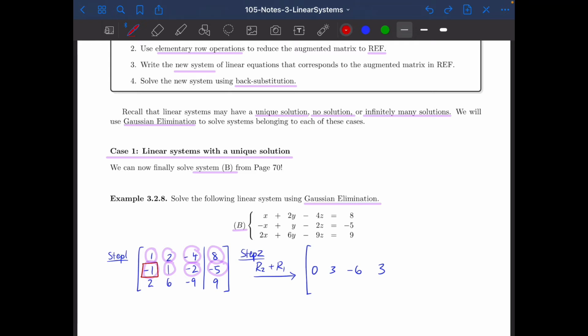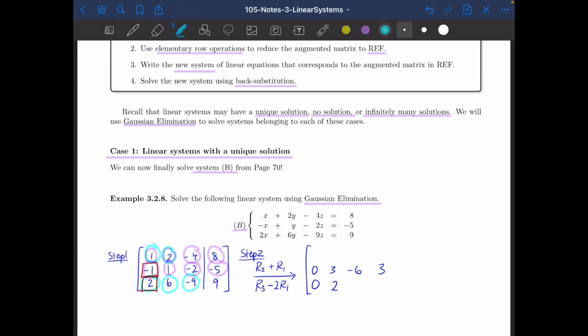I would also like to have a 0 in the position of this 2 in the bottom left corner of the augmented matrix. And so at the same time, I will perform the row operation row 3 minus 2 row 1. And so I have 2 minus 2 times 1, which is 0, the 0 I was looking for. 6 minus 2 times 2, 6 minus 4, that gives me 2.